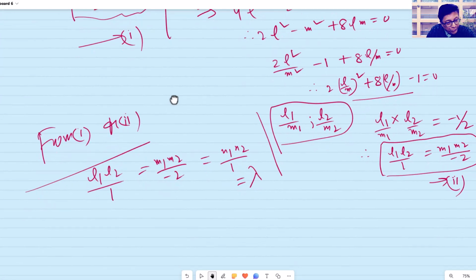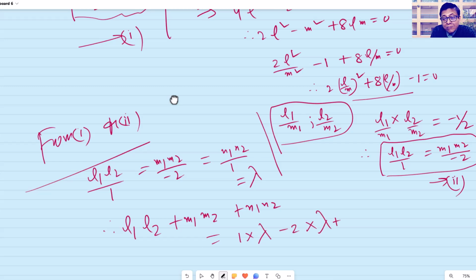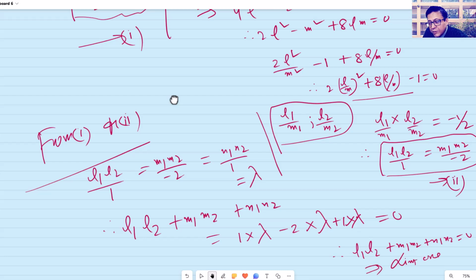Because equality we can, so L1 L2 plus m1 m2 plus n1 n2 is what? 1 into lambda minus 2 into lambda. This is 0. So L1 L2 plus m1 m2 plus n1 n2 equals 0, this implies lines are perpendicular.